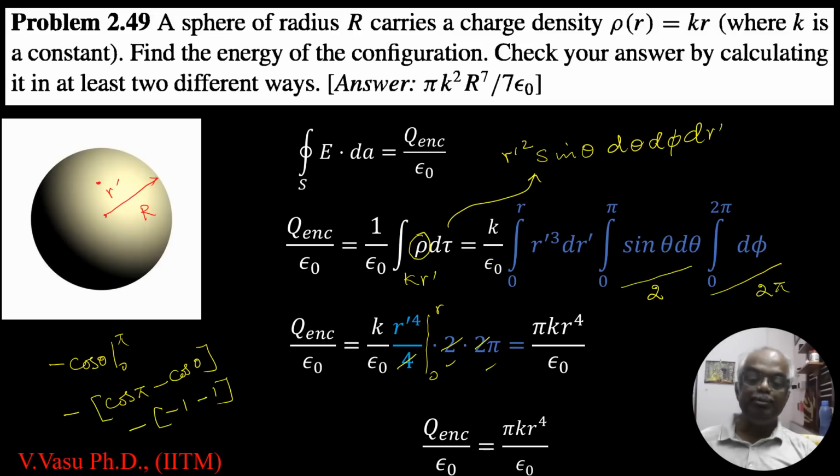If you apply the maximum limit r, and the minimum limit is 0, so don't worry about it, this r prime to the 4 will become r to the power 4. There is pi here. So pi k r to the power 4 divided by epsilon naught is Q enclosed inside the sphere, where r prime is less than r. Remember that this is inside. Similarly, we have to calculate the outside.